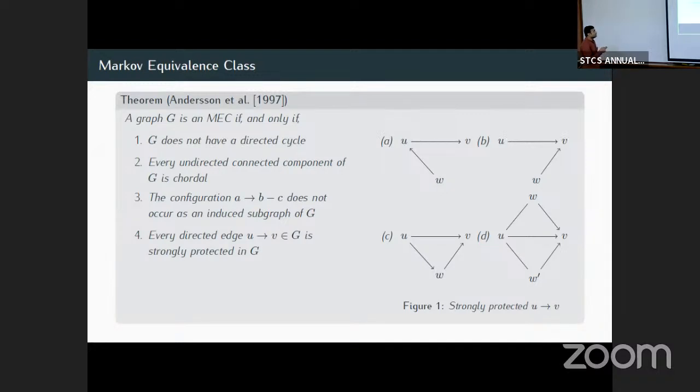He said that if a graph G is an MEC, then it doesn't have any directed cycle, all the directed connected components must be chordal, there can't be any induced graph of this form, and all the directed edges must be in one of these forms.